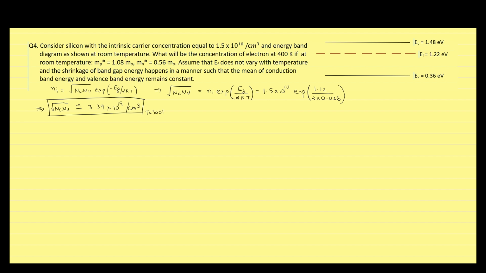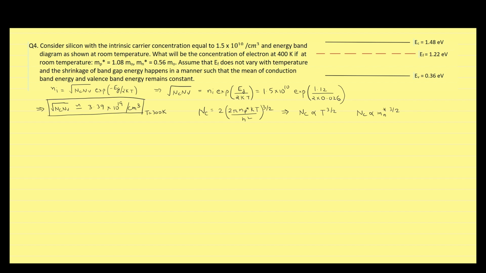only at 300 Kelvin. You also know that the formula for Nc is equal to 2 into 2 pi mp multiplied by kT divided by h square, raised to the power 3 by 2. According to this, you can say that effective density of states in conduction band is directly proportional to temperature raised to the power 3 by 2, and also proportional to effective mass of electron raised to the power 3 by 2.